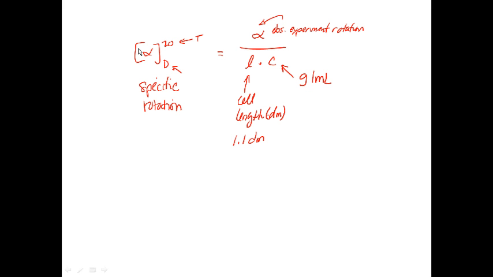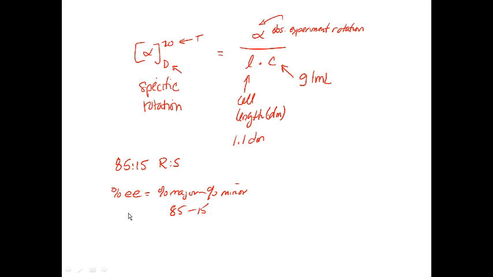Now, since previous analysis says this is about an 85 to 15% R to S enantiomeric ratio, the percent enantiomeric excess, which is simply the percent of the major isomer minus the percent of the minor isomer, in this case would be 85 minus 15.